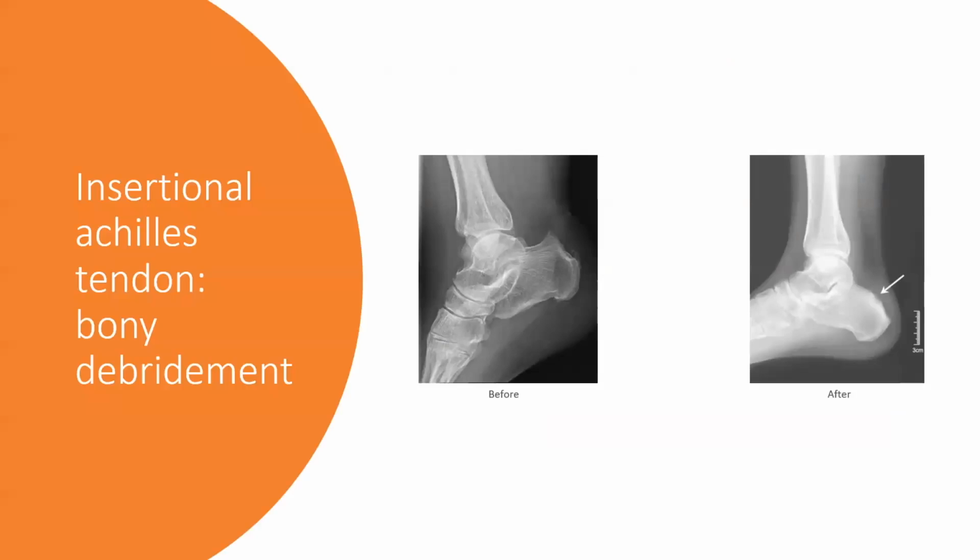So typically what that bony debridement looks like is you can see the Haglund's deformity on the left, and we clean it up with a saw or with some other instruments to get the picture on the right, to create a nice smooth border for the Achilles tendon to insert on. It also provides really good bleeding bone for the Achilles to heal down.